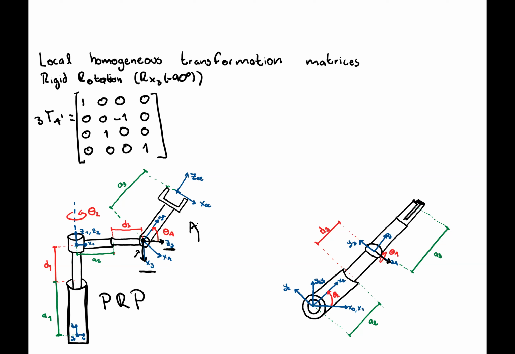Okay, so, oh yes, you're right. It's a positive rotation. This matrix is actually a positive rotation. So it's a positive rotation about the x-axis. You're right.